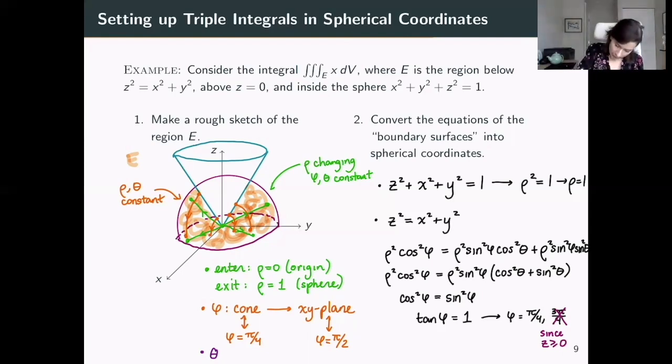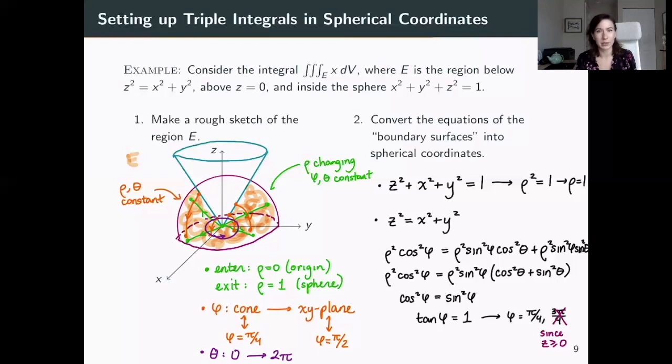Our theta is ranging all the way around, so that theta goes from 0 to 2 pi. This gives us all of the possible values for our limits of integration to help set up our iterated triple integral in spherical coordinates.